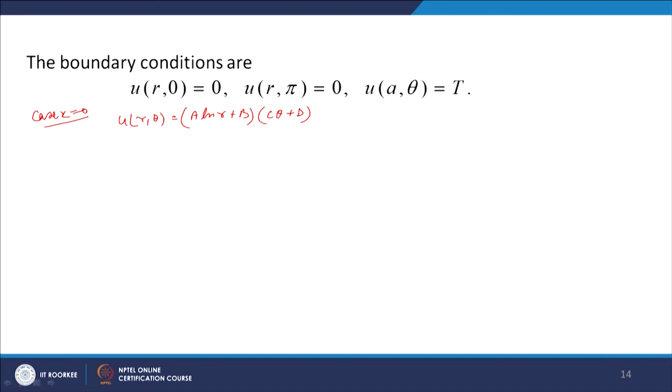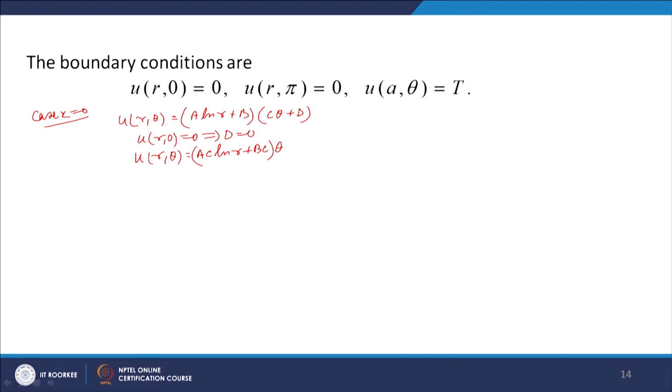Okay. Put theta equal to 0. So, what do we get? u(r, 0) equal to 0, which implies that d equal to 0. Then u(r, theta) will become a ln r plus b into c theta, so a c times ln r plus b c times theta. Now, we are given that when theta is pi, again u(r, theta) is 0.